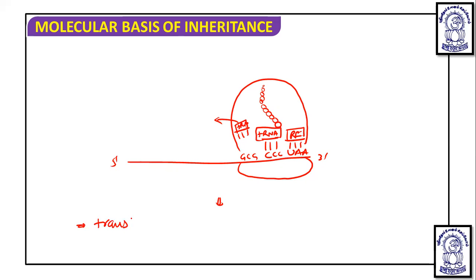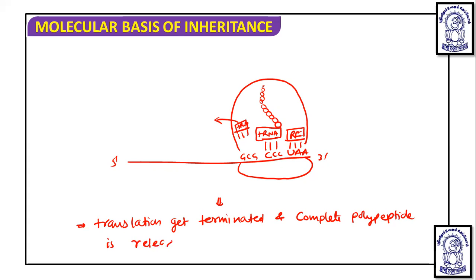translation gets terminated and the complete polypeptide is released from the ribosome. In such a way, the mRNA is getting read, the amino acids are getting added, and at last the complete polypeptide is going to be released.